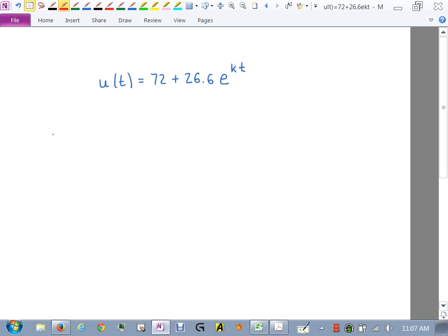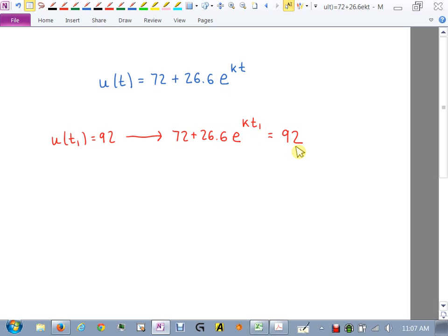Okay, the fact that u of T1 was 92 means that 72 plus 26.6 e to the k T1 must be 92 degrees. So all I did here was I took the function, I replaced t with T1, and I know that when I do that, it's going to spit out 92. Yes?